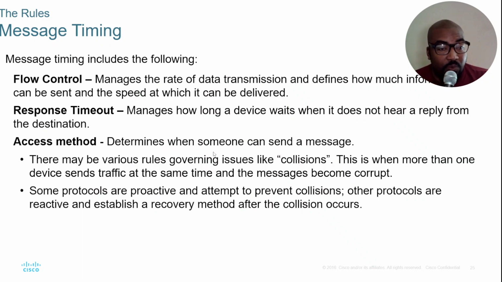Access method determines when someone can send a message. There may be various rules governing issues like collisions. This is when more than one device sends traffic at the same time and the messages become corrupt. So that's essentially like a single lane highway.